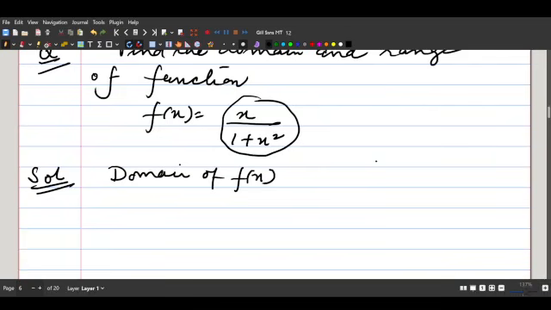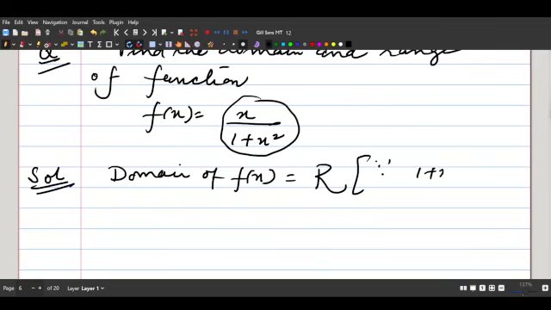Now here I can see that the denominator of this expression is defined for any real value I take from the set of real values. Got it? So this is defined for all, the numerator is defined for all, so the domain of f(x) becomes the set of all real values.